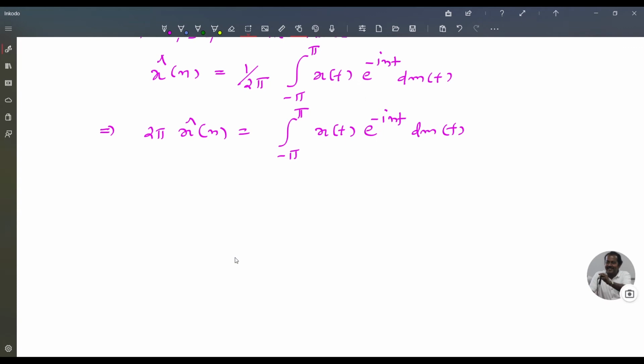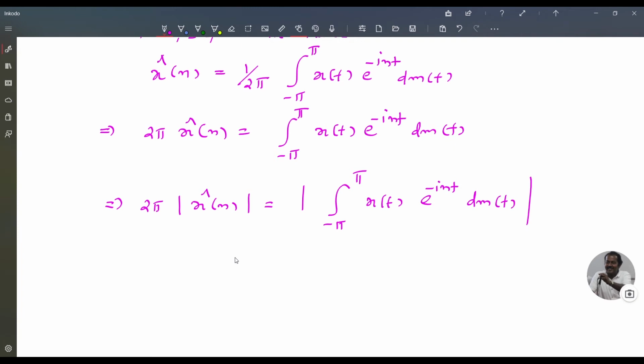So this implies 2 pi times modulus of x cap of n is equal to the modulus of the integral from minus pi to pi of x of t e raised to minus int dm of t.